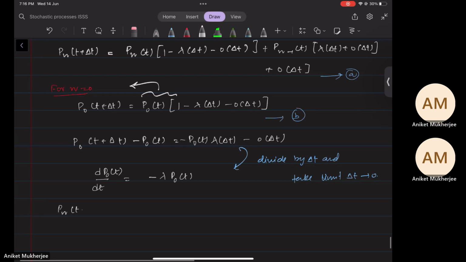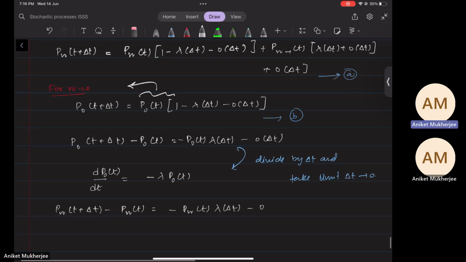Here we get p n t plus delta t minus p n t equal to minus p n t lambda delta t minus order of delta t, plus p n minus 1 t into lambda delta t plus order of delta t.